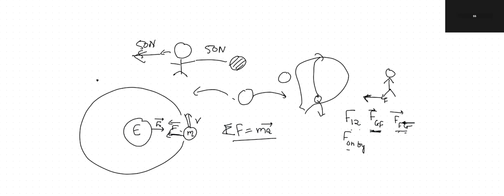Another example we can take is, suppose John is pulling a wagon which is on wheels.